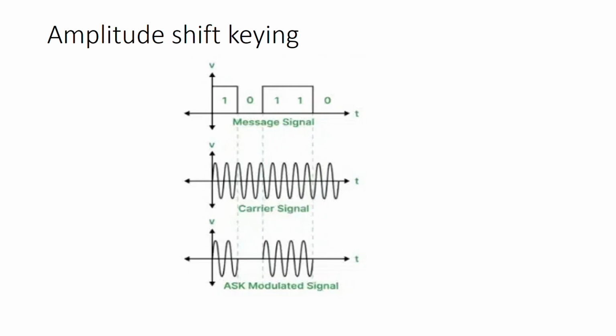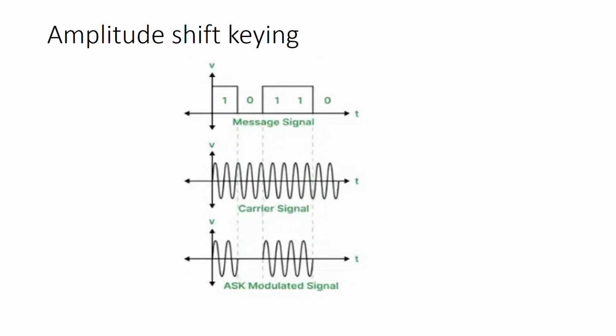Binary ASK represents the binary data using two different amplitudes of the carrier wave. Logic 1 might be represented by the higher amplitude, and logic 0 might be represented by the low amplitude or zero amplitude. If the digital signal value is 1, then the carrier wave amplitude remains the same.